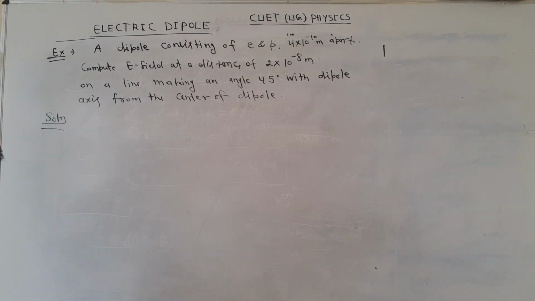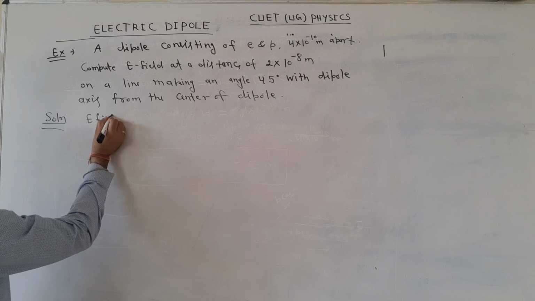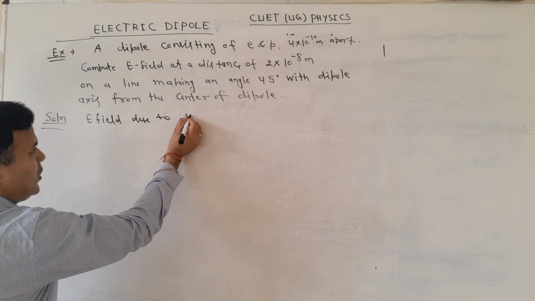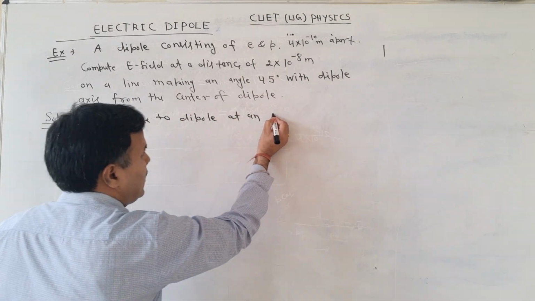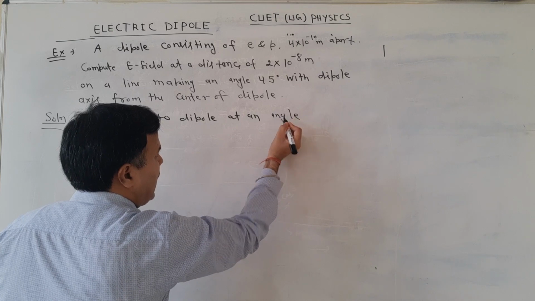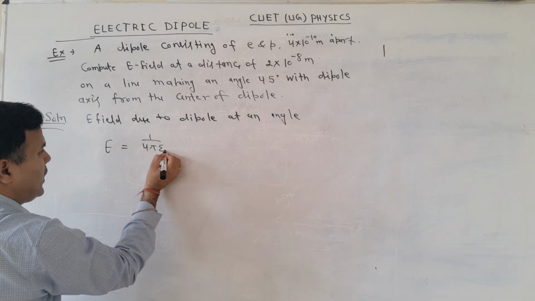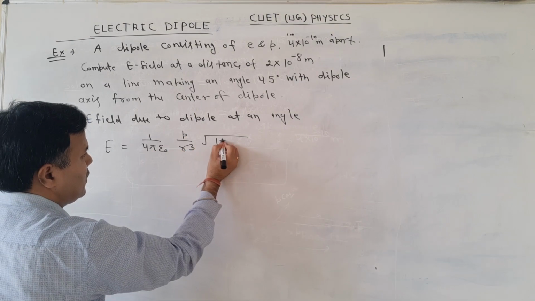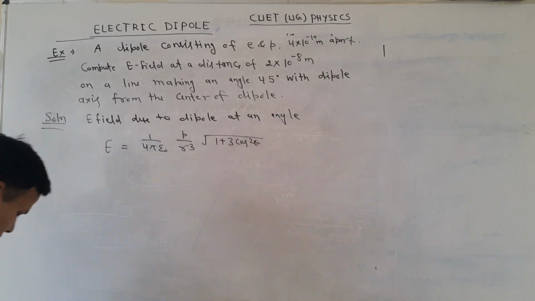So we know the formula: electric field due to a dipole at an angle, which is E equal to 1 upon 4 pi epsilon 0 P by R cube into root of 1 plus 3 cos square theta.